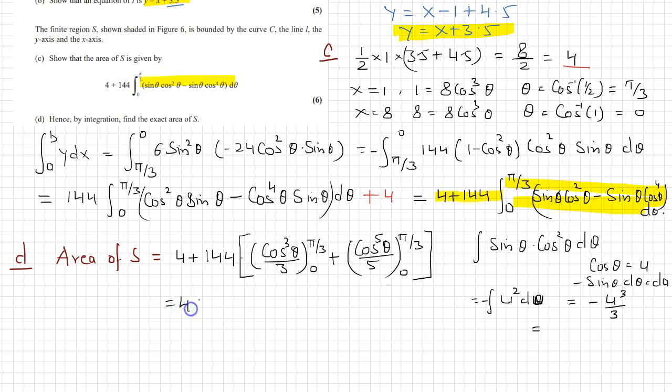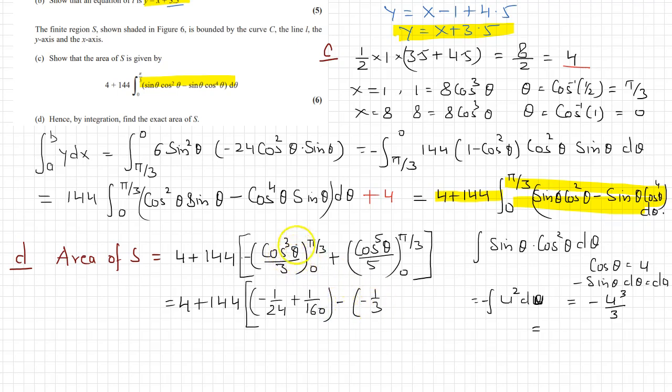So this is equal to 4 plus 144. This is negative. So this will be minus 1 over 24 plus 1 over 160 and minus, this is minus 1 over 3.